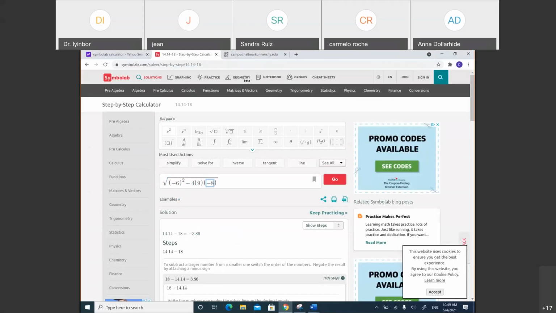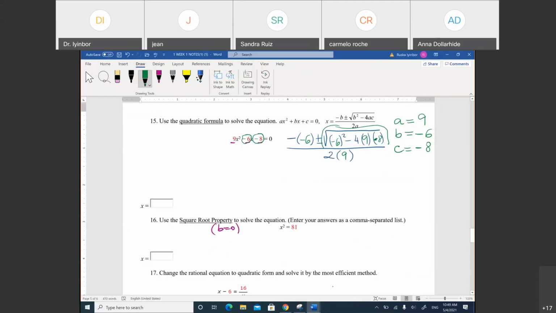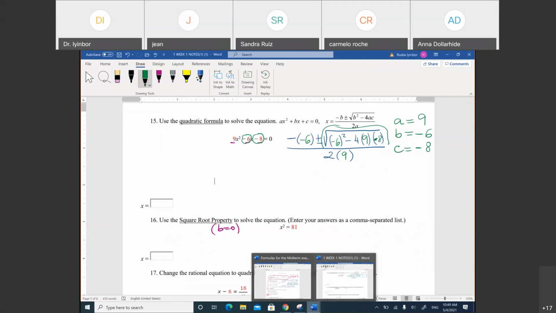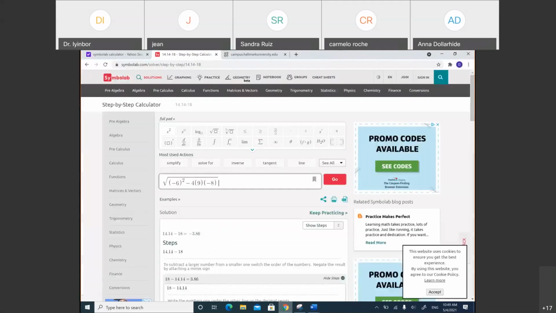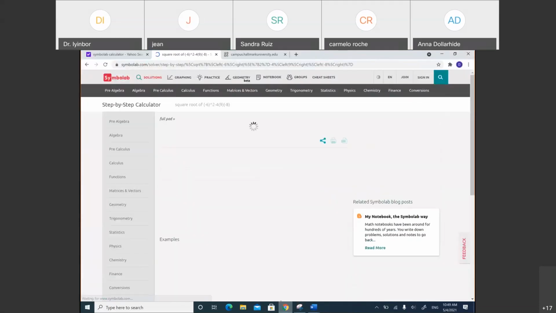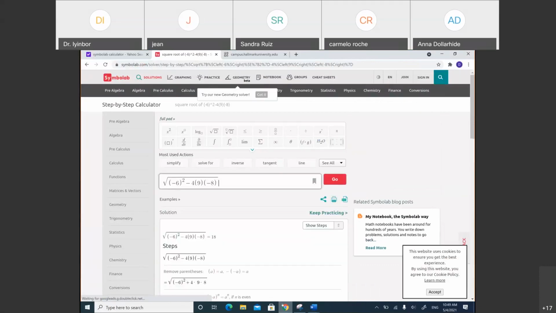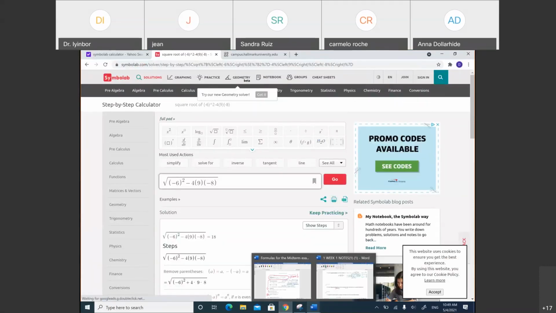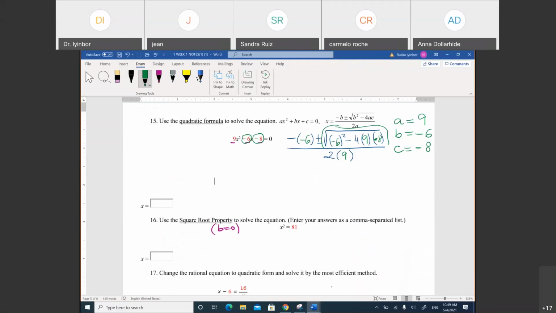Is that the way you have it? Just put everything in the square root. And make sure you put parentheses, it is very important. The square root gives me 18. So this is what I have so far.